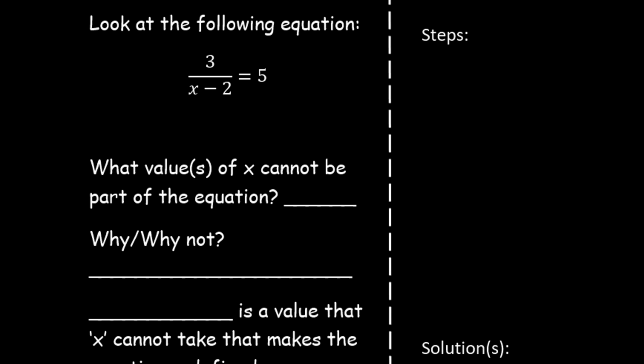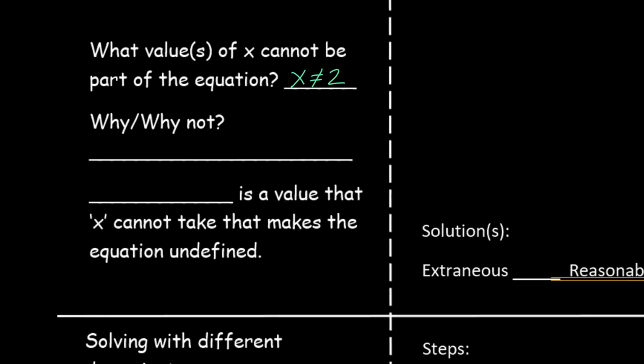What's wrong? You can never divide by 0, right? As soon as we try to divide by 0, it becomes undefined. So here, what values of x cannot be part of the equation? x cannot be a positive 2. And why?